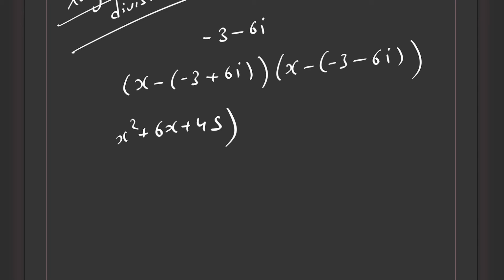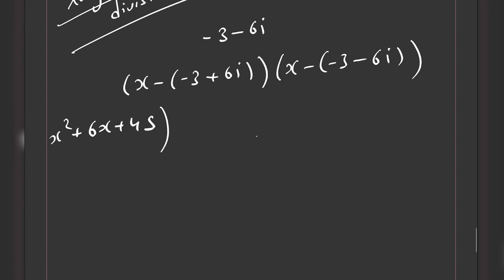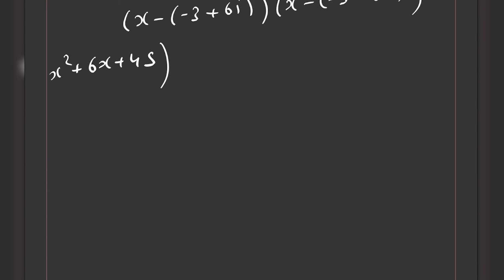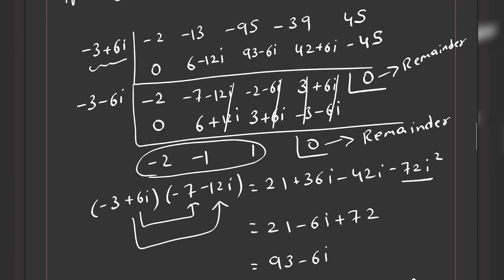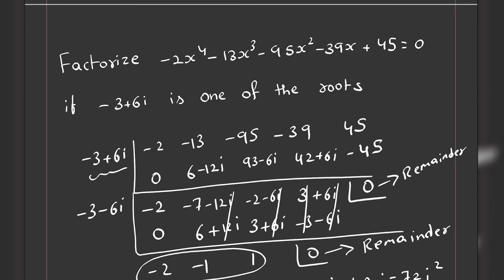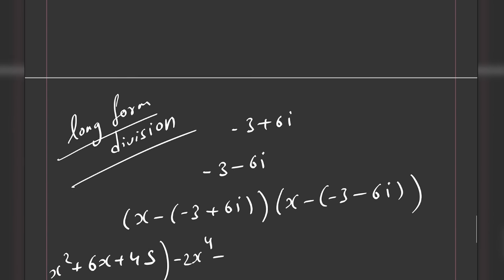Okay, so let's do that. Let's move this x square plus 6x plus 45 to the left a bit and write our original polynomial equation. I believe it was minus 2x to the power of 4 minus 13x cube, minus 95x square minus 39x plus 45. I want to double check before I write it up.